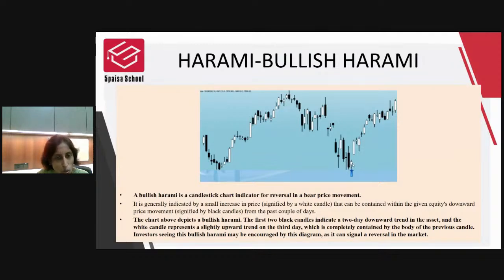But since it is white, it indicates that the market from here on is likely to be bullish, and from there on, as you can see, the prices are going up. So a bullish harami indicates a trend reversal, and from there on, the prices go upwards.